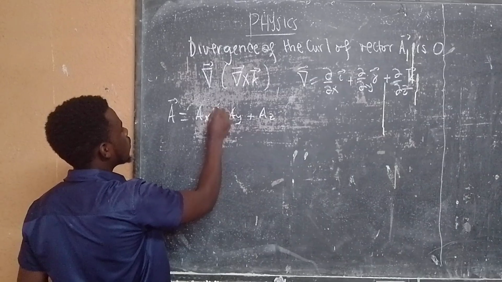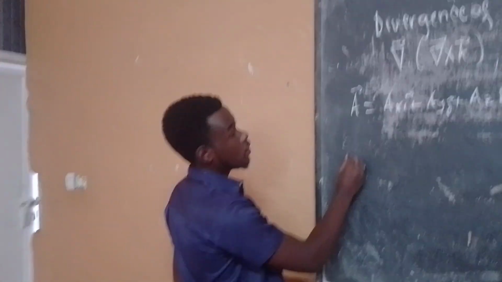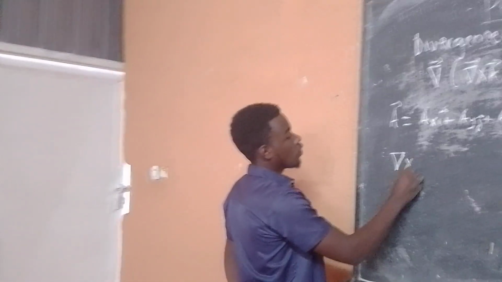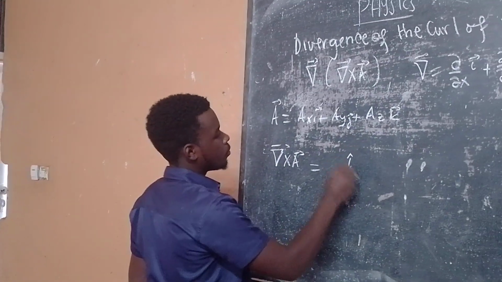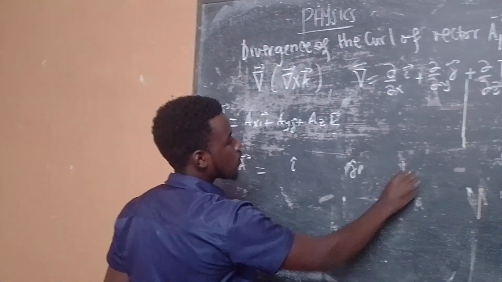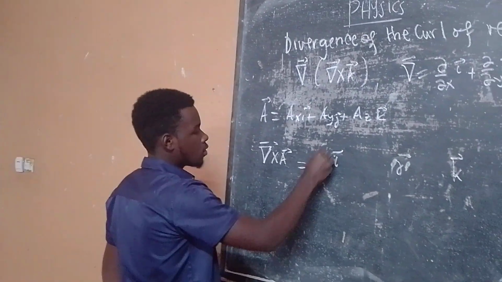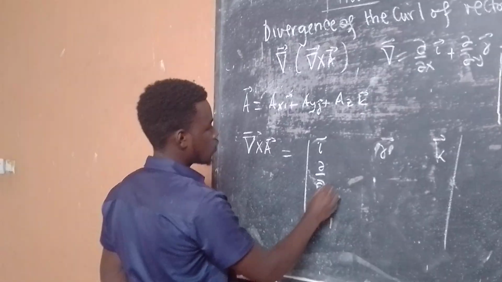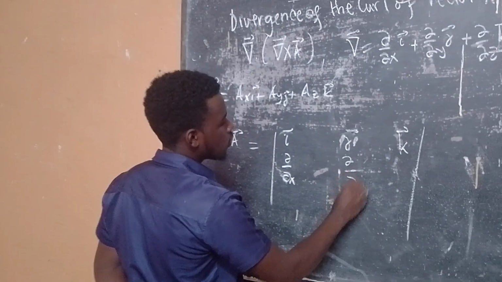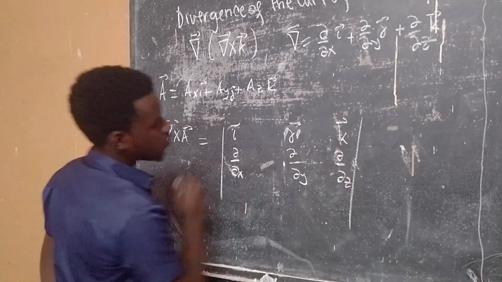And then you have this one. So we are going to first of all compute the curl of this vector A, which is going to be given by the partial differentiation with respect to x, partial differentiation with respect to y, and the partial differentiation with respect to z.